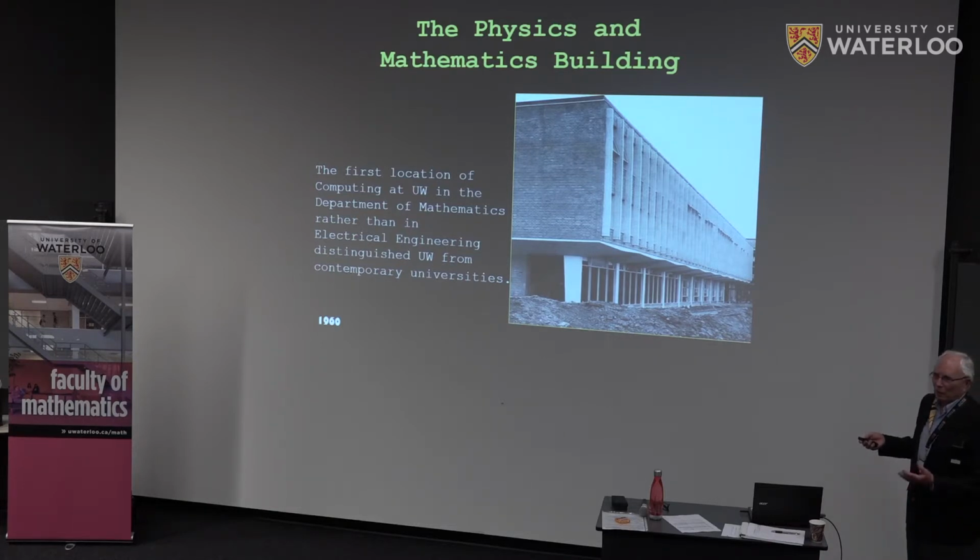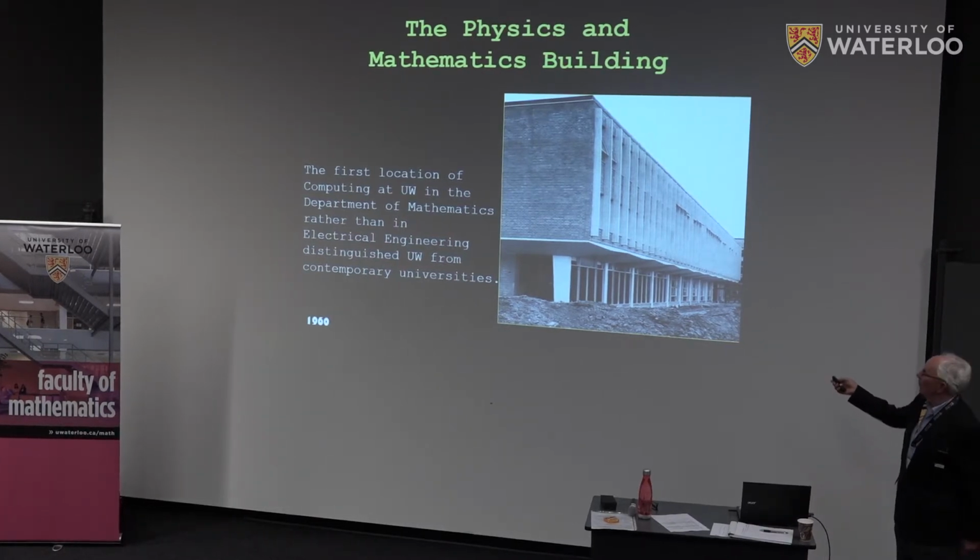And when the building was opened, the man who opened it said, well, finally mathematics has got its name on a building, even if it's secondary to physics. There's a lot of truth in that statement. There's a whole other story about the dominance of physics over mathematics in those early years. And I still remember, because I was here as a student, the computer was on the 3rd floor of the math building, or what I now call the math building. It was not in this wing, but in the other end.